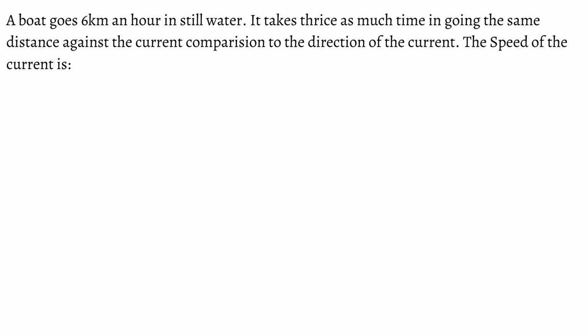A boat goes 6 kilometers an hour in still water. It takes thrice as much time in going the same distance against the current compared to going with the current. Okay, so we need the speed of the current. So what is the speed of the boat? Speed of the boat is 6 km per hour, right?